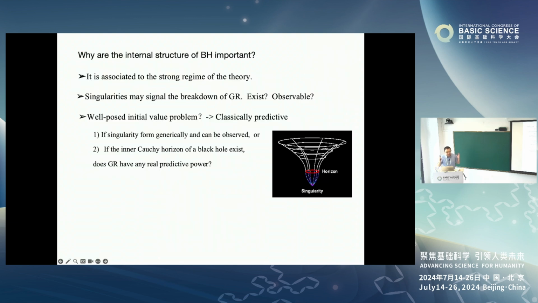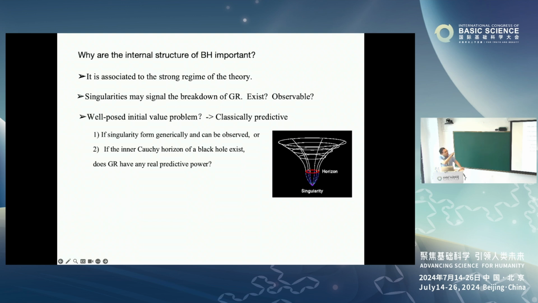So why is the internal structure of black holes important? Let me give you some reasons. The first is associated with the strong regime of the theory. As I just mentioned, general relativity is not the last story of gravity. If you want to know what happens in the strong regime of gravity, that may be a hint to a new theory of gravity, even quantum gravity.